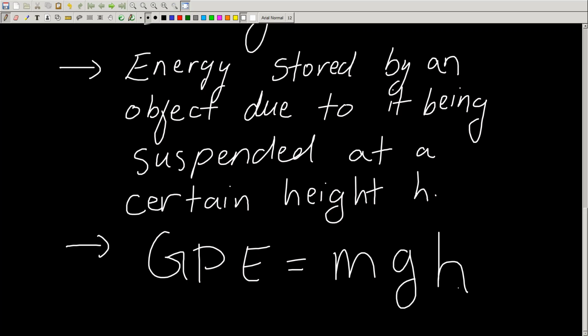If it has more distance to fall, it has more speed to gain from that fall. This means that its energy stored in the fall will be more, due to its increasing height. So that's important to note here. So this is our formula. It is mgh, gravitational potential energy.